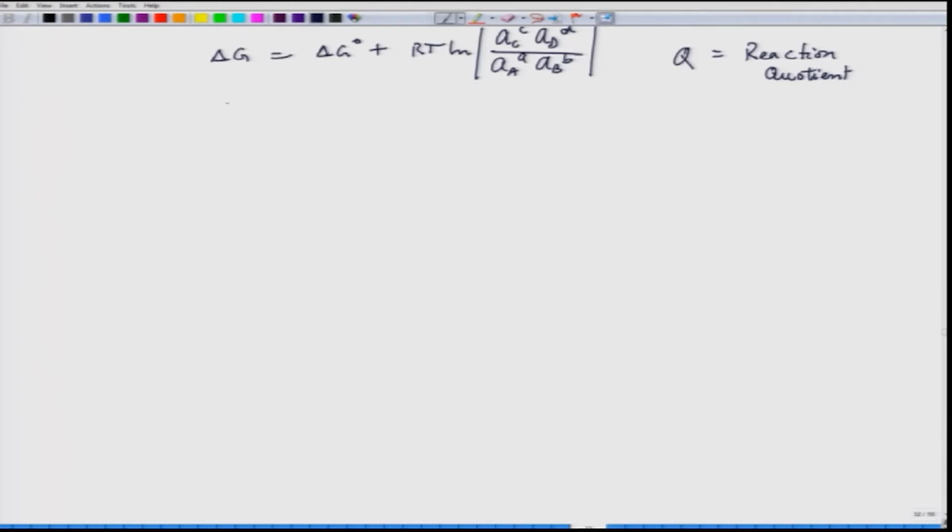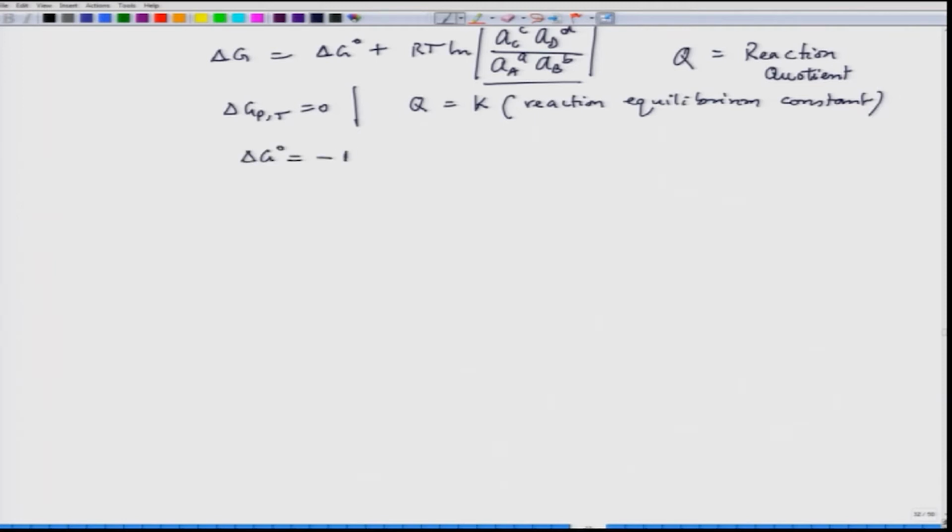Now, when delta G at constant P and T equals 0, this term Q becomes K, which is the reaction equilibrium constant. So, delta G 0 equals minus RT ln K, where K is the equilibrium constant.